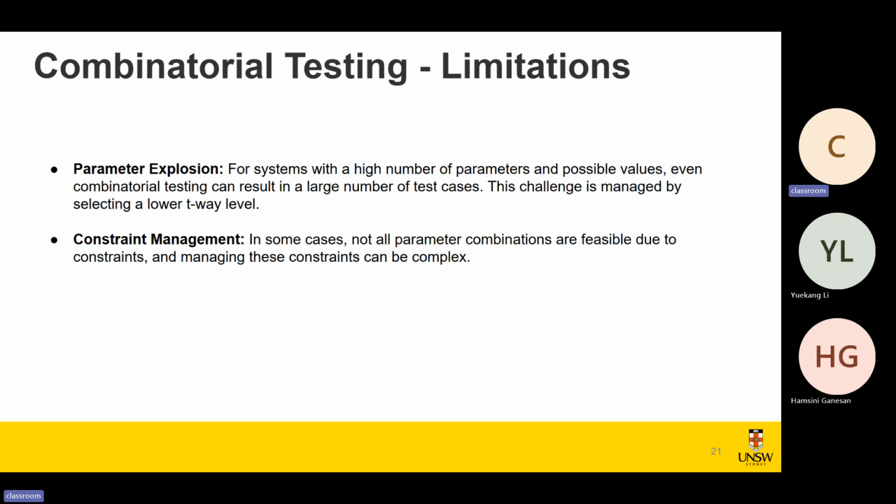So there are some meaningless combinations. The constraints could be semantically derived, or they could also be written in the code. So there are some constraints on the input parameters, which will make some of the combinations not feasible or meaningless.